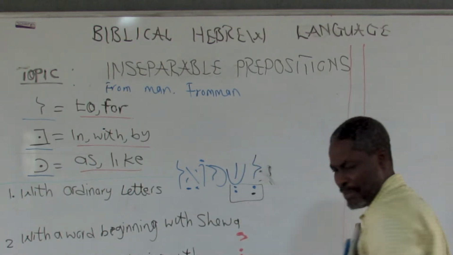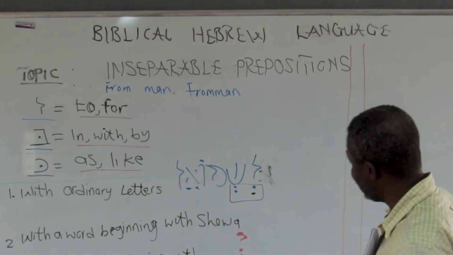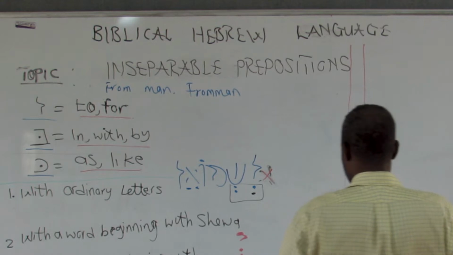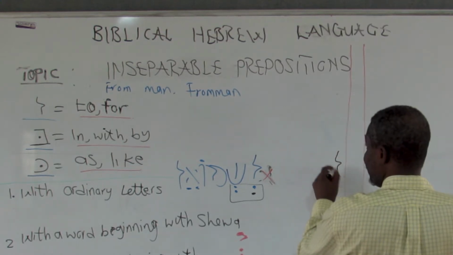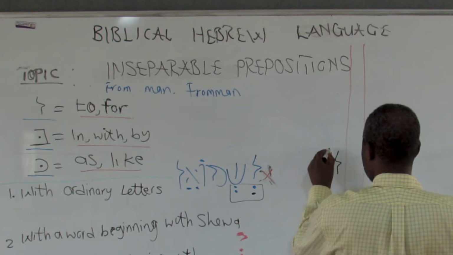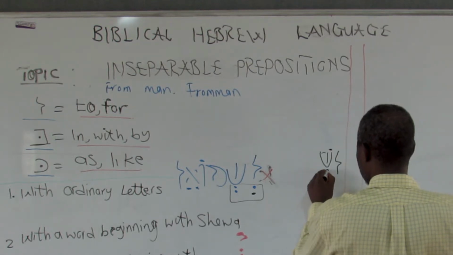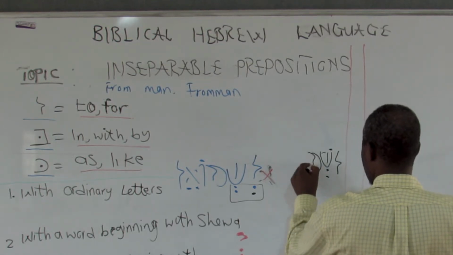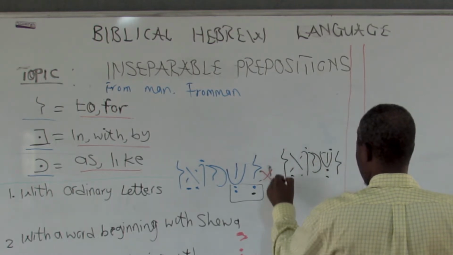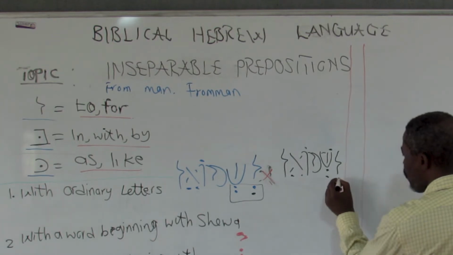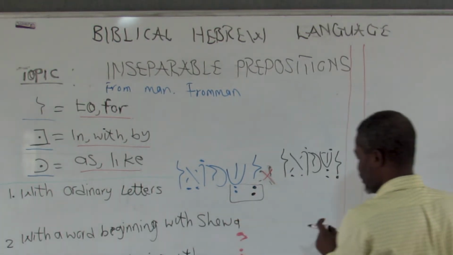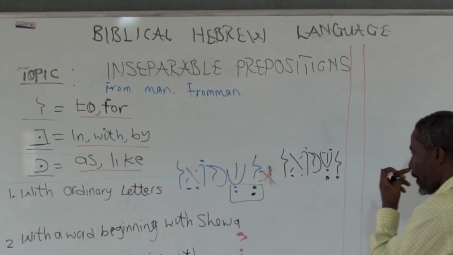Let me use the red pen to indicate that it cannot be. So what you do is drop the simple shewa, which is two dots, to just one dot.